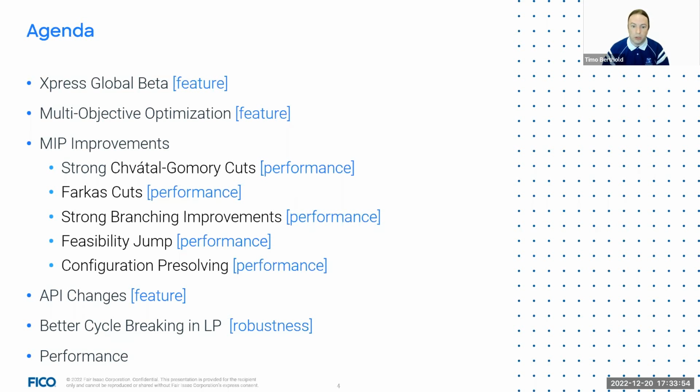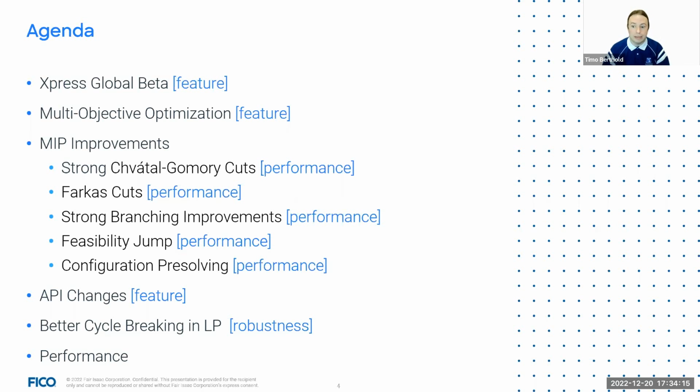Still, we could put a lot of time and effort into our MIP performance development to present you an Xpress solver that is faster than ever before. To this end, we worked on all aspects of MIP solving: cutting, branching, heuristics, presolving, and I brought at least one highlight from each of these fields today.